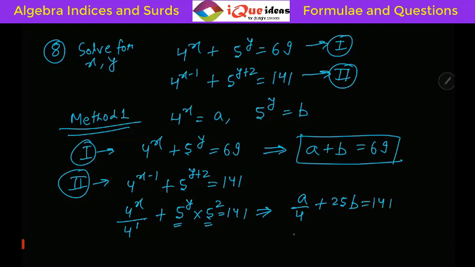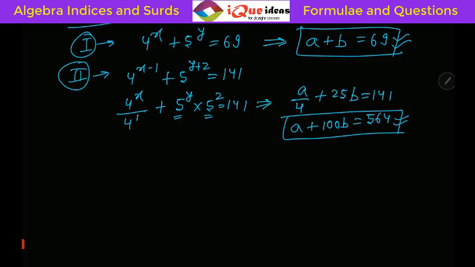If you multiply by 4, it will give us a plus 100b is equal to 141 into 4, which is 564. So these are the two equations that we need to solve to get the values of a and b first.